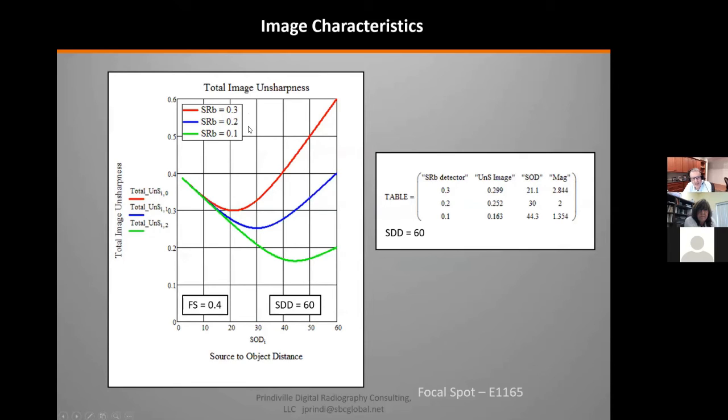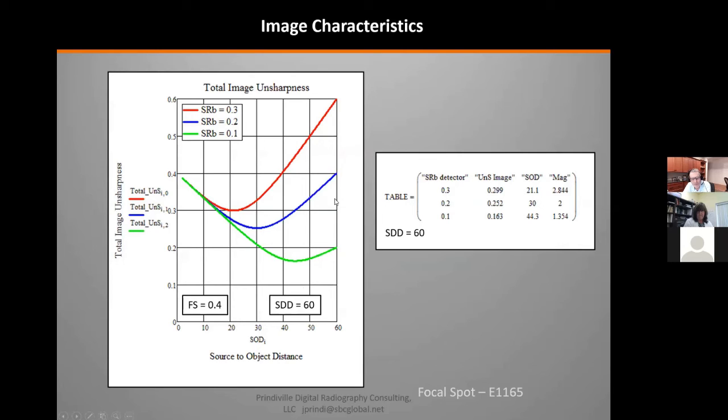And if we plot that curve, and we say that our focal spot is 0.4, we can say that for this, which is 100 microns, we're going to be better off closer to the detector because the detector has much higher resolution than this. And remember, we're multiplying this by 2. So we're comparing 0.4 to 0.2. Well, we're going to be closer to the detector here. So our best spot is going to be here, like 45.